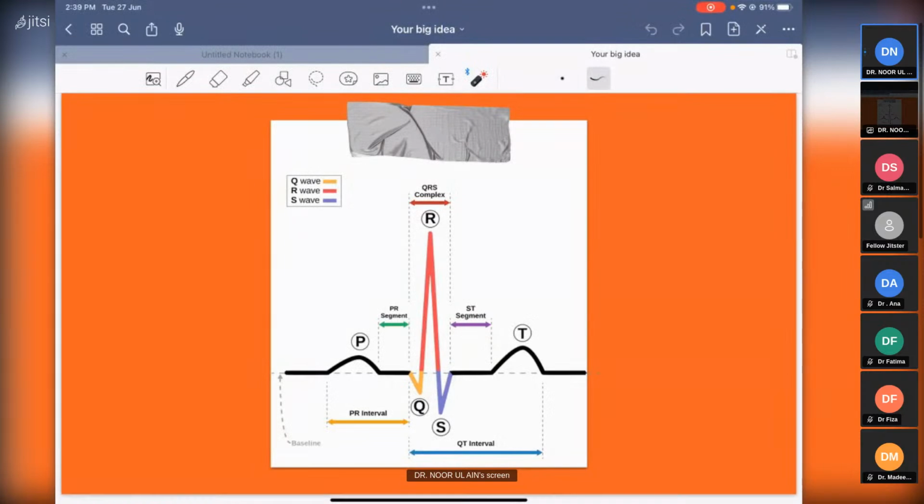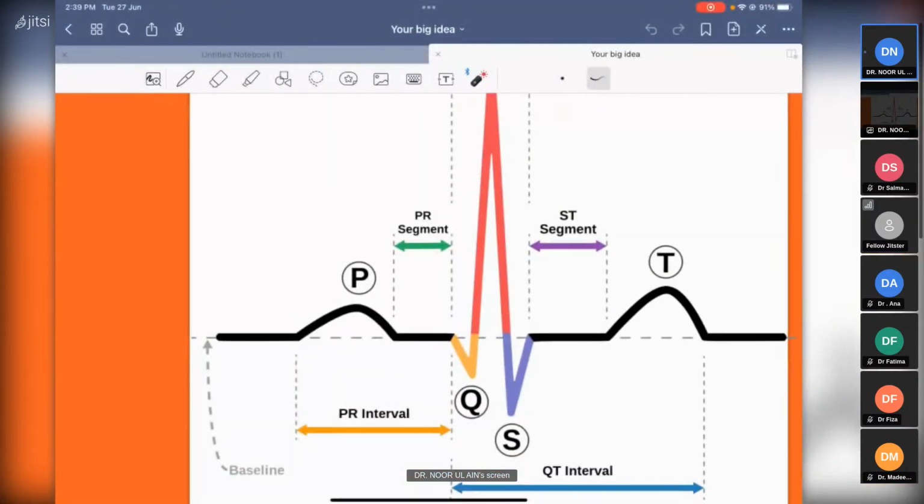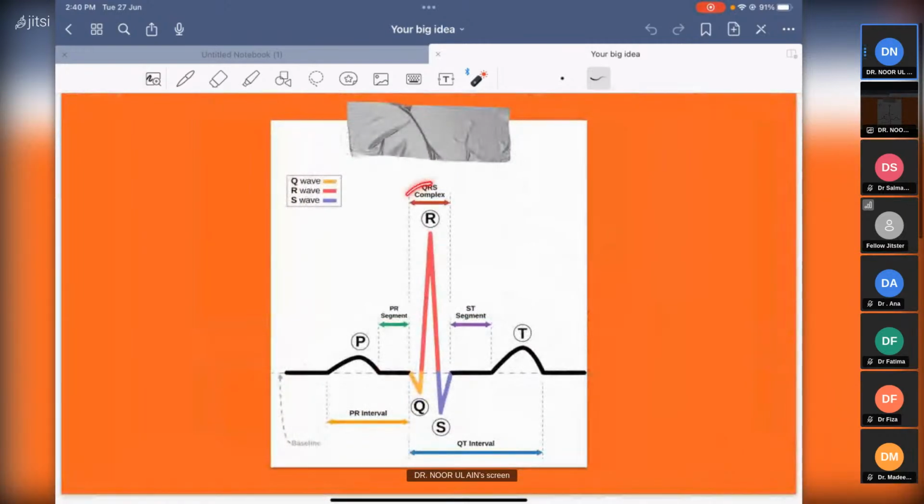So if you remember last time, I explained that the P wave is representative of what? Atrial depolarization. And then we have a certain PR segment, which is an isoelectric line, and this is when atrial repolarization is happening, but it's a very small electrical activity, so the ECG machine does not pick up anything, and hence we have no deflection, whether positive or negative. Then comes the major chunk of your ECG, which is the QRS, and Q, if you remember, is what?